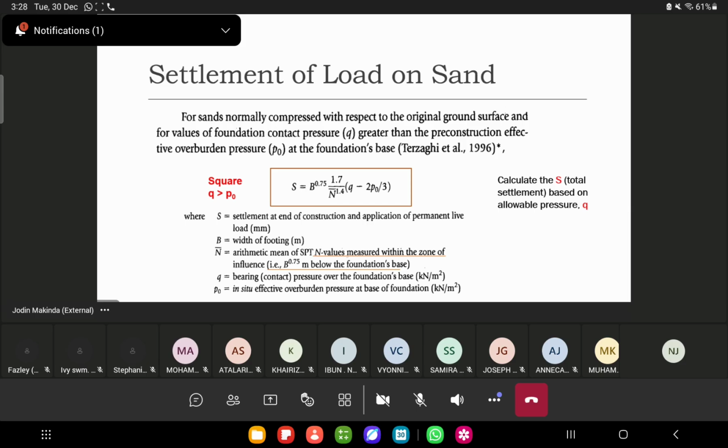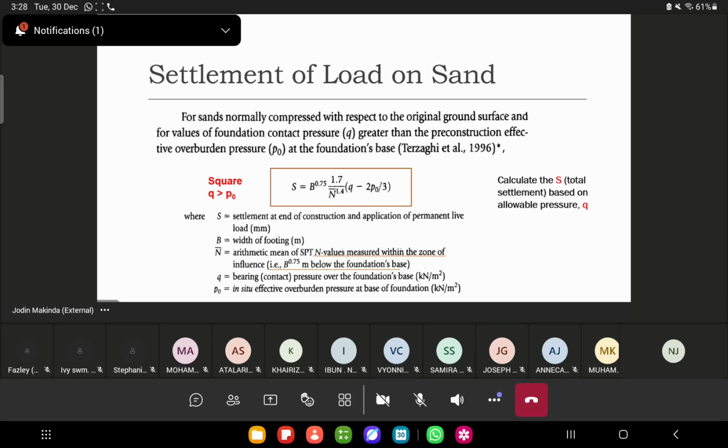Meanwhile, P naught is the in situ effective overburden pressure at the base of the foundation, not at the middle of the clay layer. If we study the clay layer, P naught is measured from the ground to the middle of the clay layer.